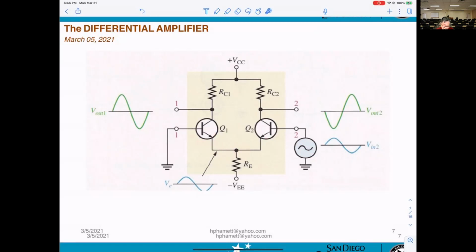Okay, so Q1 will be a CB amplifier, Q2 will be a CE amplifier. That will be CB, in phase. That will be CE, out of phase. That's why they get a different phase right here. That's very clear, okay?